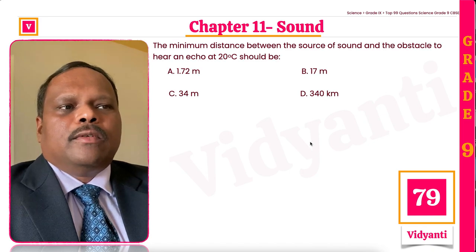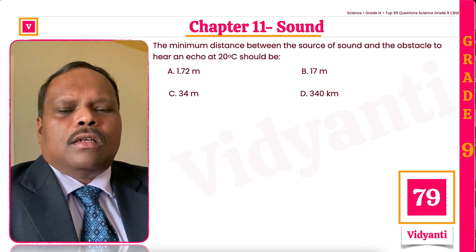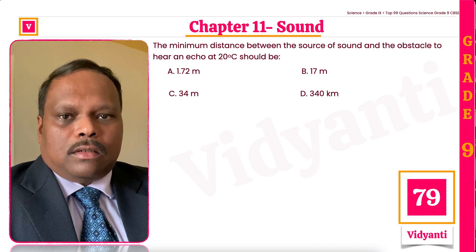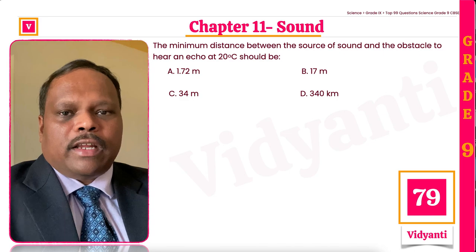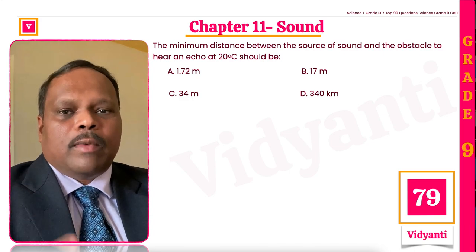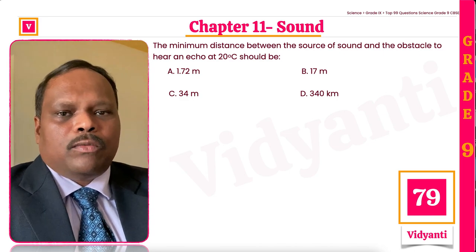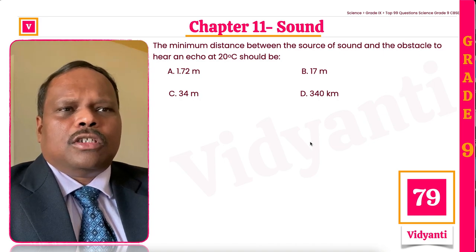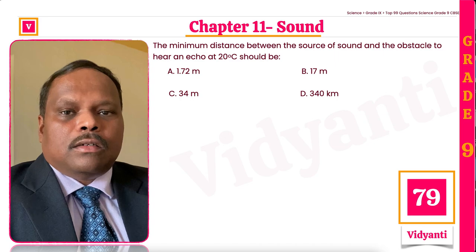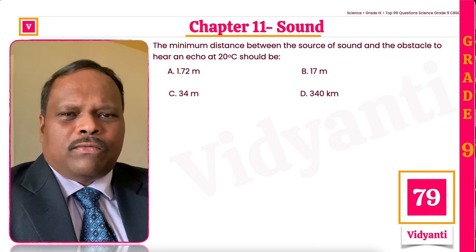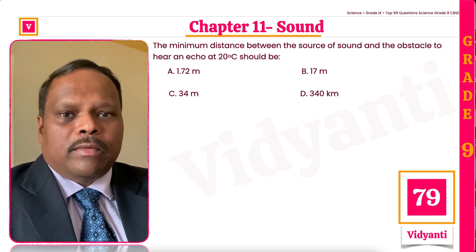The minimum distance between source and the time by which the original wave is created and the reflected wave is perceived by the ear, there must be at least 0.1 second difference. So at 20 degrees Celsius, I will say the velocity of sound is approximately 340 meter per second.